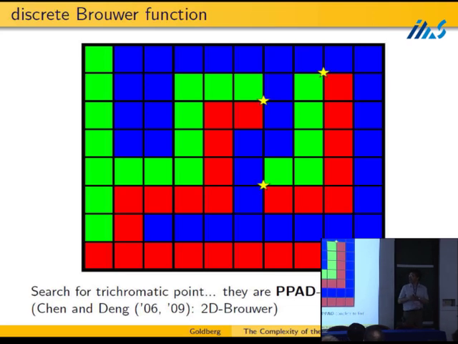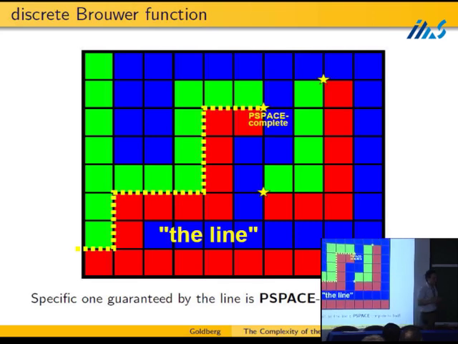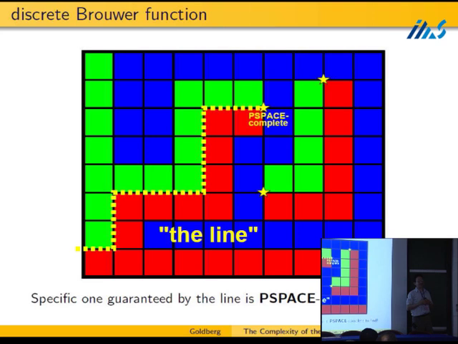So, furthermore, I'm telling a lie at this stage, okay? But the basic idea is the following, which is that once again there is a rather more specific point, namely this one, a rather more specific solution, which is going to turn out to be PSPACE-complete to find. And it is going to be a solution that is identified by a line in this diagram, which I hope also gives you an idea of why this is a total search problem.